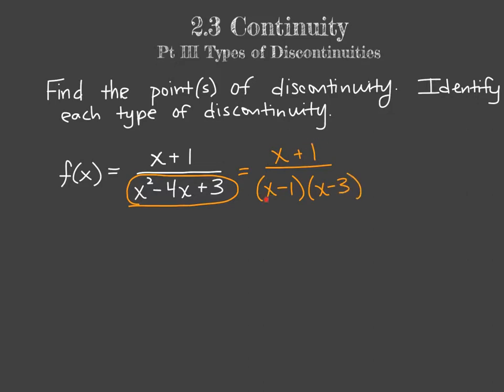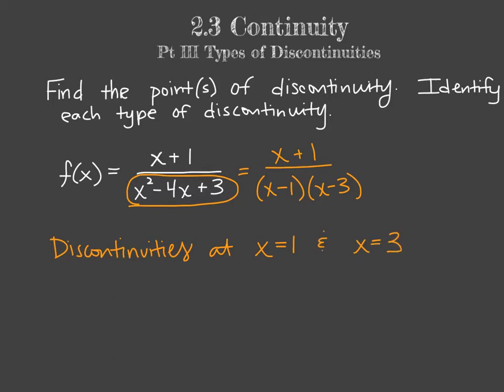X plus 1 and x minus 1 are close, but they cannot cancel. Therefore, the two values that make our denominator 0 are positive 1 and positive 3. So our discontinuities occur there, x equals 1 and x equals 3.